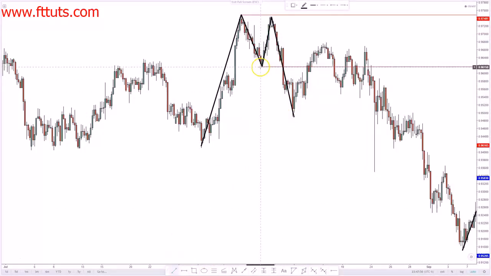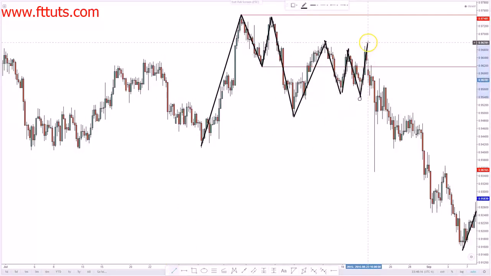Breaks this middle low, this middle part of the low. Let's see if it's going to come back to a retest. Comes back up for a big retest right here. Broke it a little bit. And drop. Boom.